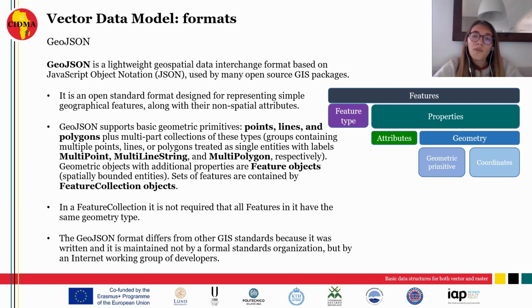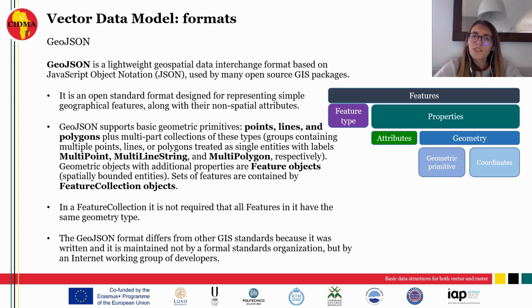Therefore, in GeoJSON, geometry and features, as you also see in the figure, are different objects. Geometry represents a region of space, thus storing geographic coordinates as longitude, latitude, and altitude, while features are spatially bounded entities that can also be non-physical entities.